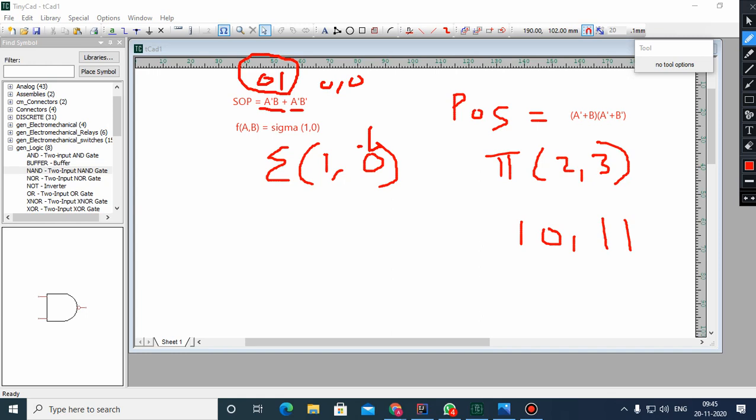Pi means POS, product of sums. Pi means products and sigma means summation. Here 2 comma 3 are the max terms, and 0 comma 1 are the min terms. So product of the max terms and summation of the min terms.